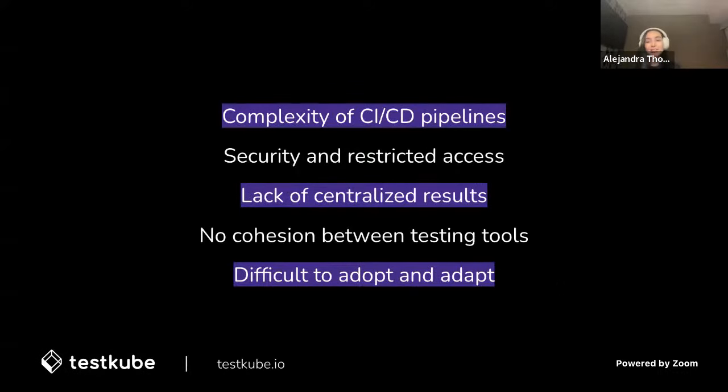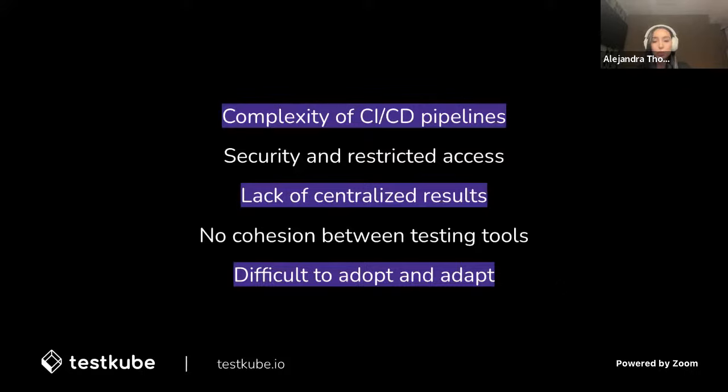So to summarize, when testing our applications that are deployed in Kubernetes, we stumble across very unique pain points. To start, well, the complexity of our CI/CD pipelines just gets even more complicated. You have security and restricted access concerns. You have this lack of centralized results and cohesion between the tools we're using.